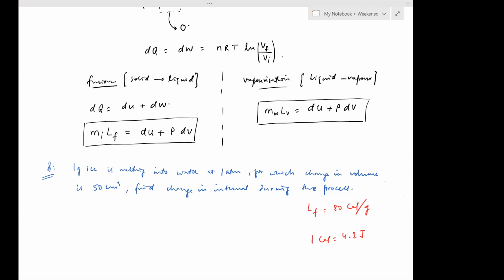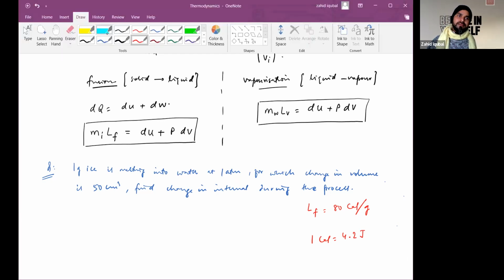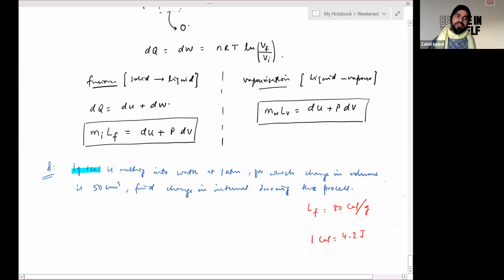So what is Mi in the above equation? Mass of ice, which is 1 gram. Pressure is 1 atm, 10 to the power 5 Pascal. Change in volume is this much.